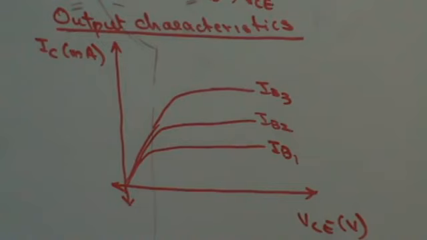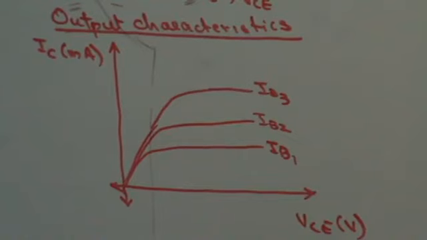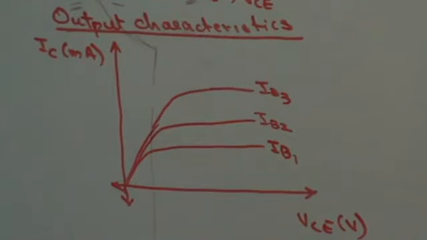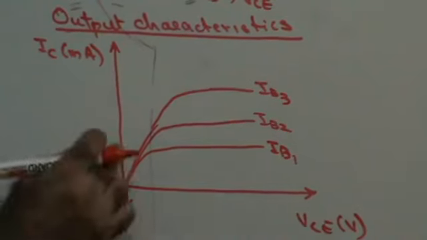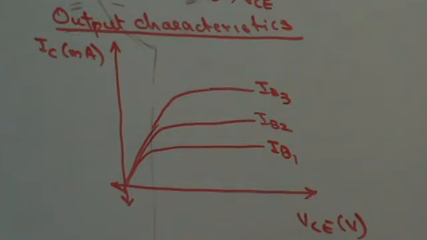Now, if the base current is kept constant and you plot a graph of collector voltage with collector current, this is the graph that you will observe. If the collector voltage is increased, the collector current changes rapidly in the beginning and then it becomes constant, almost independent of the collector emitter voltage.